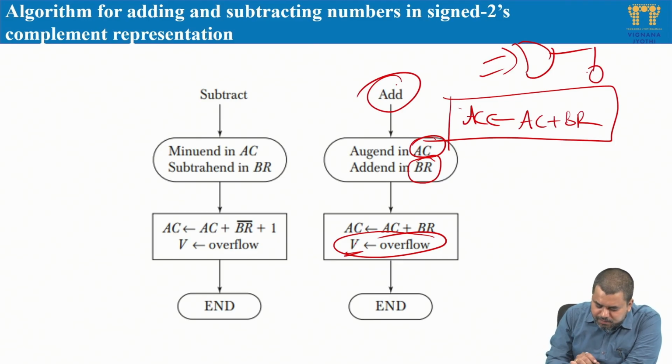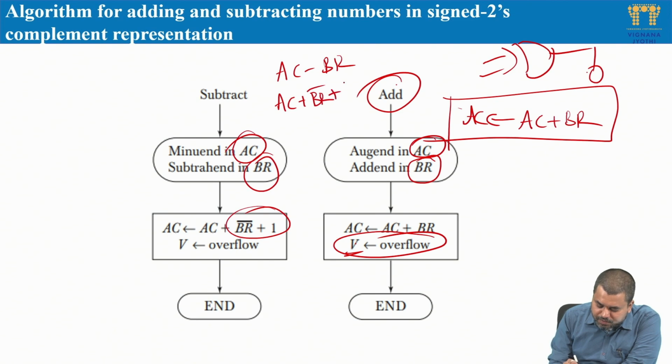Similarly, how do we perform subtraction? Take one number in the AC and another number in the BR. Whatever number is in the BR, take the 2's complement of that number. So if I want to perform AC minus BR, it is AC plus BR bar plus 1. I am assuming that if AC is a negative number, it is already in the 2's complement form, and likewise for BR.